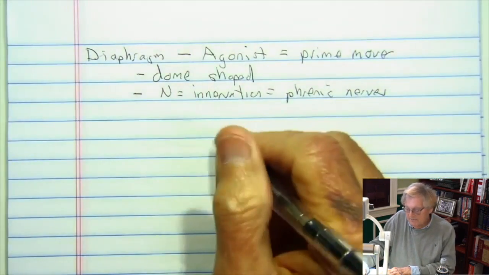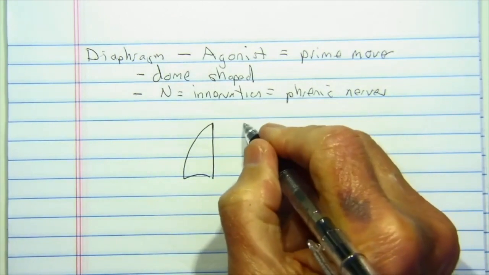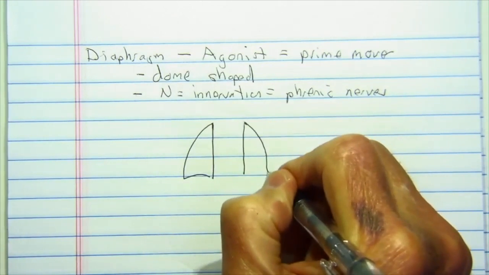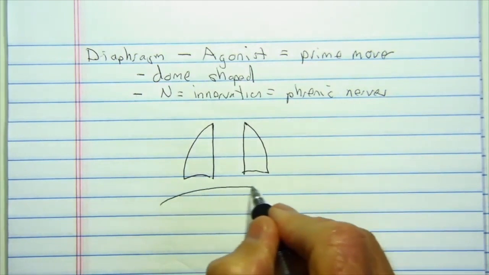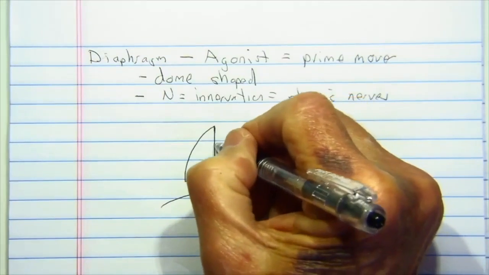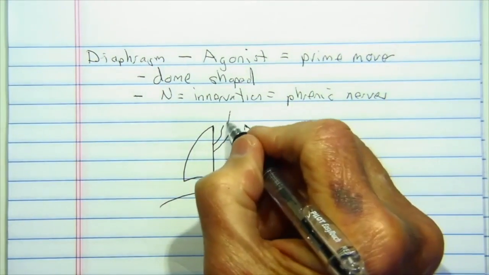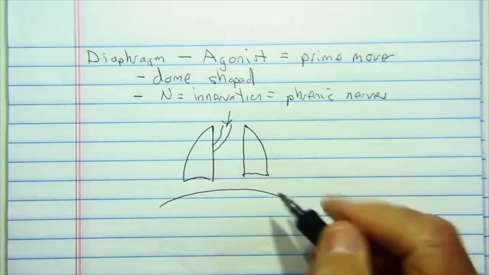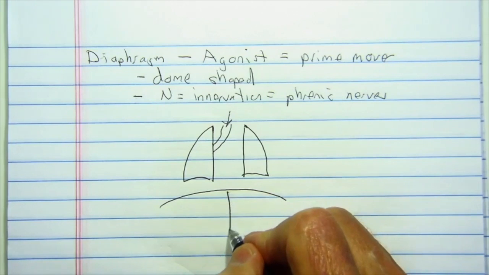So, again, if this is my lungs sitting here, inside of the pleural cavities, inside of the thorax, and here's my diaphragm over here. In order for me to get air to come in through the primary bronchus, I'm going to literally have to take this diaphragm and pull it down.